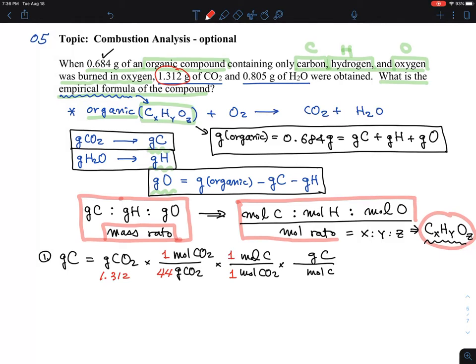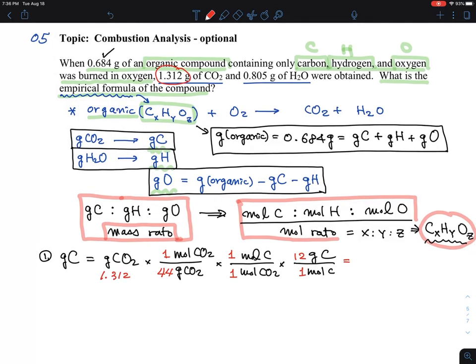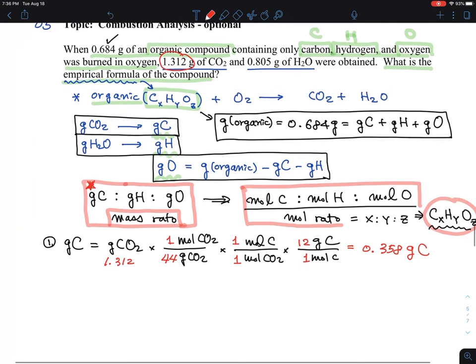It's a 1-to-1 correspondence, and 1 mole of carbon will weigh 12. Okay, so by doing so, what I have is 0.358 grams of carbon. Okay, so I got this first piece of information right here. Right? So the carbon mass.